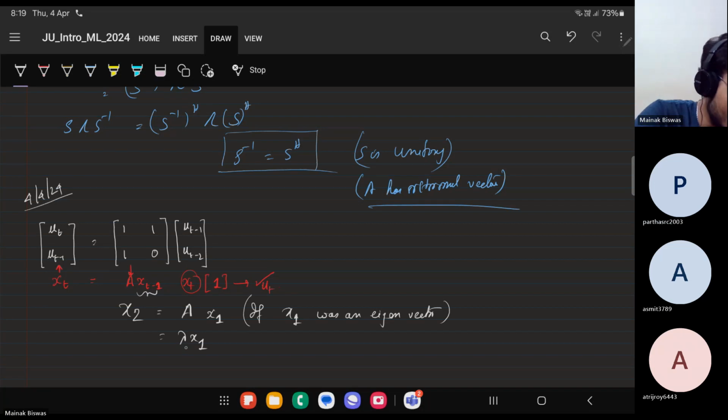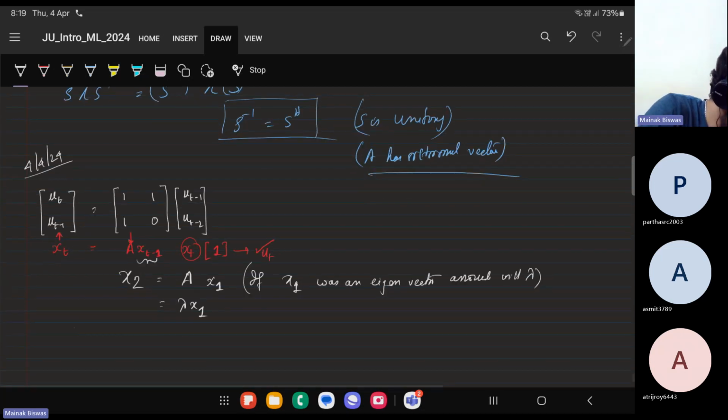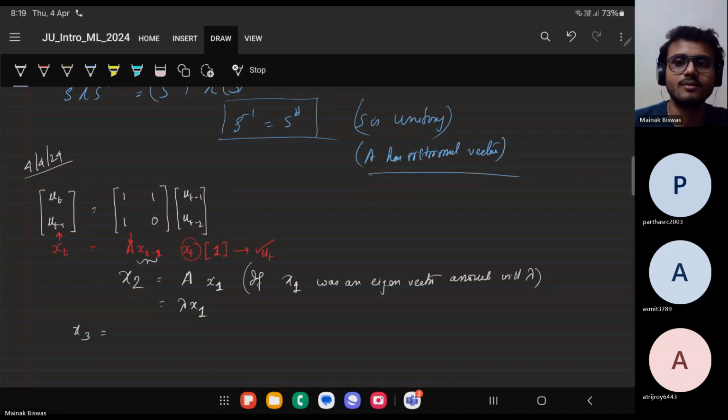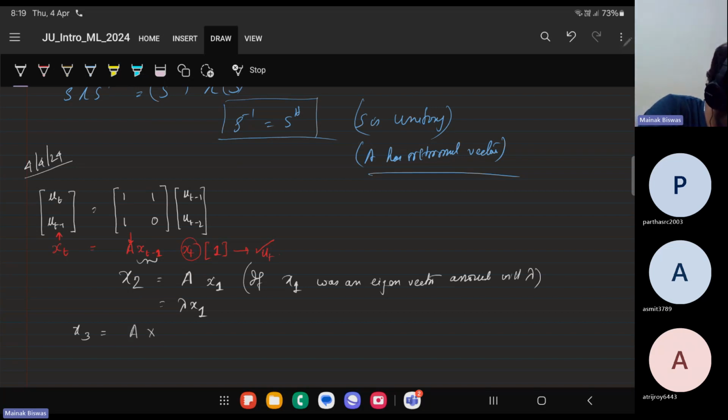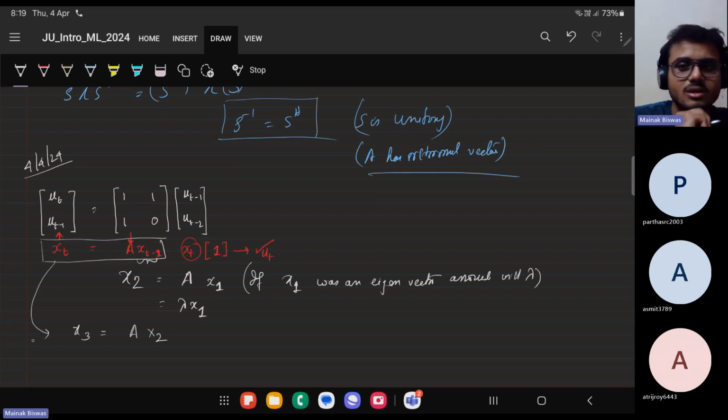Very good. Say associated with lambda. Now what would be x3? x3 is A into x2, right? From this recurrence relation.